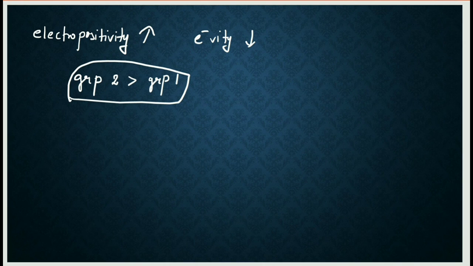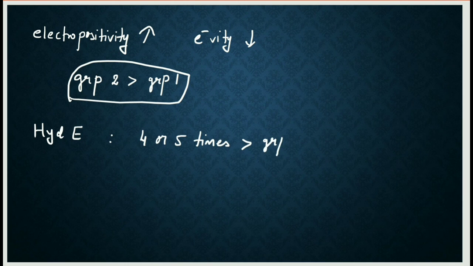Now hydration energy. The hydration energy of group 2 ions is 4 or 5 times greater than that of group 1 ions. So group 2 elements have high hydration energy compared to group 1 elements, and hydration energy decreases down the group.